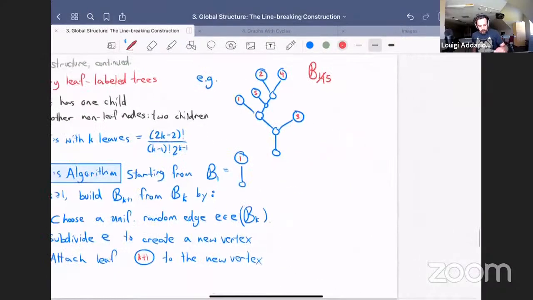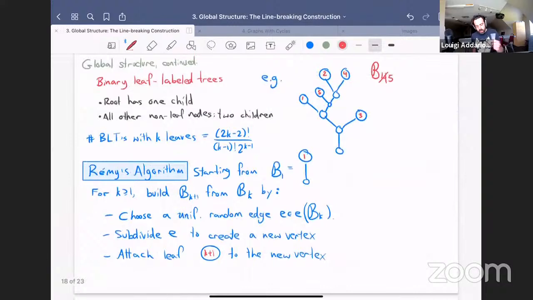Okay. So that's a pretty straightforward procedure. Notice, the edge next to the root can be subdivided. This is when I insisted last class on the fact that the root has exactly one child, and this is important for this procedure, that the new leaf could be right next to the root.